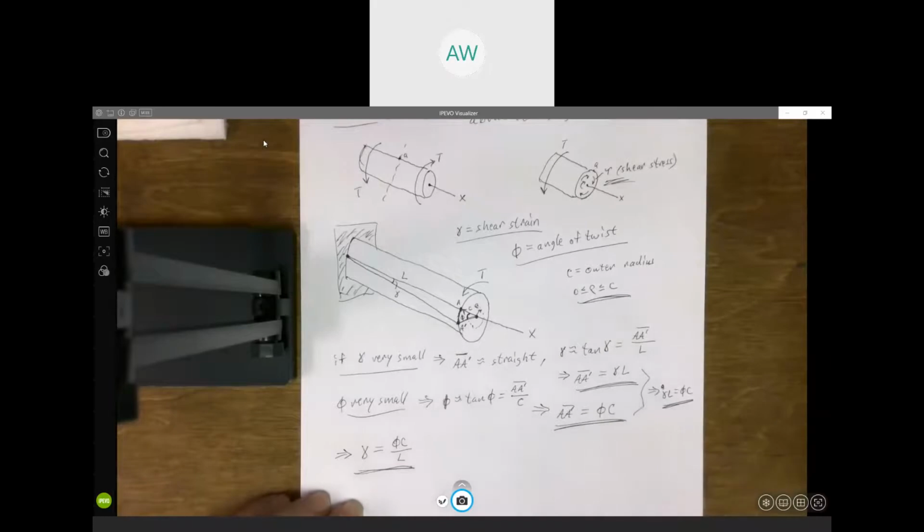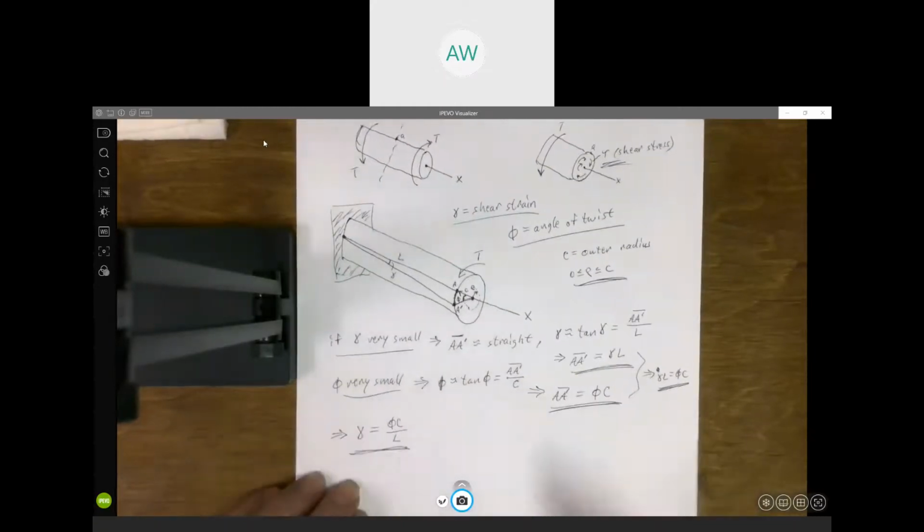Now, ultimately, remember, we're headed toward finding shear stress, but we'll get there. This is where we start, we have something that tells us what shear strain is.